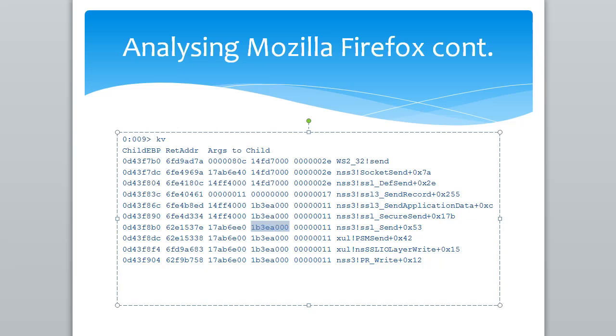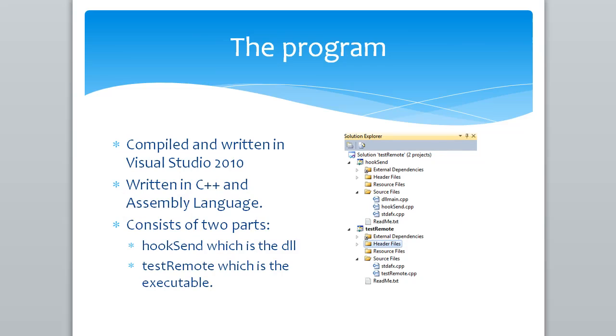Okay, so the program itself is written in Visual Studio 2010, mostly in C++, and consists of 2 parts. One part is the hook send project, which is the DLL, and the other part is test remote, which is the executable.